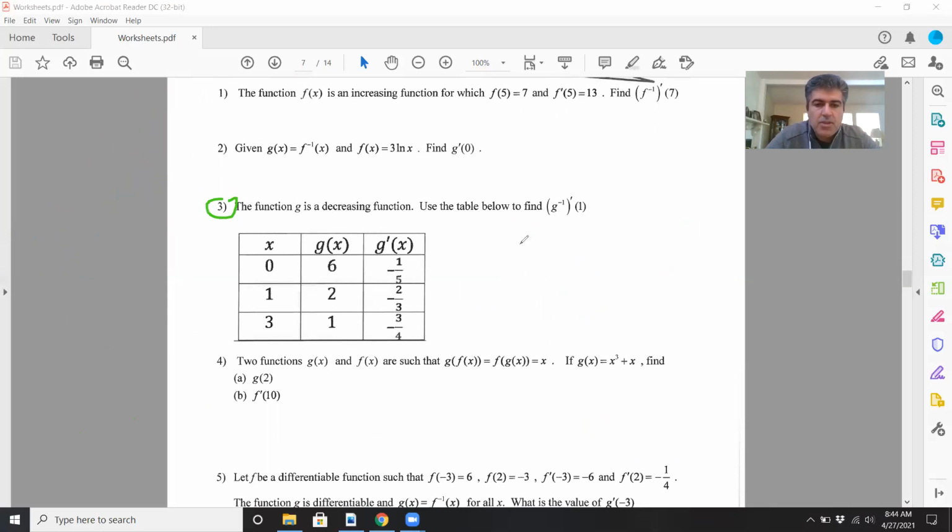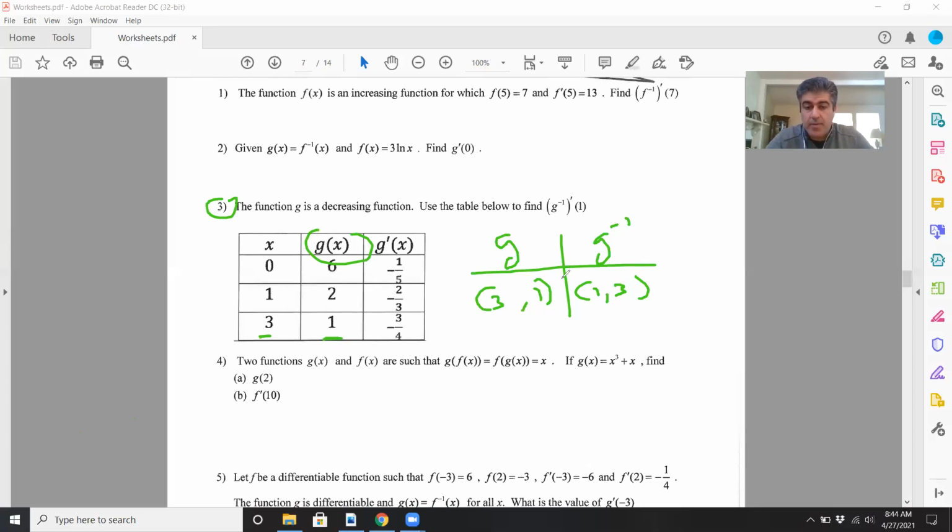I like to do this first so I don't get too lost. 1 is the input for the inverse, which means 1 is the output for the original. Well, when 1 is the output for the original, the input is 3. Therefore 3, 1 is on the original, as the table indicates, and 1, 3 is a point on the inverse.